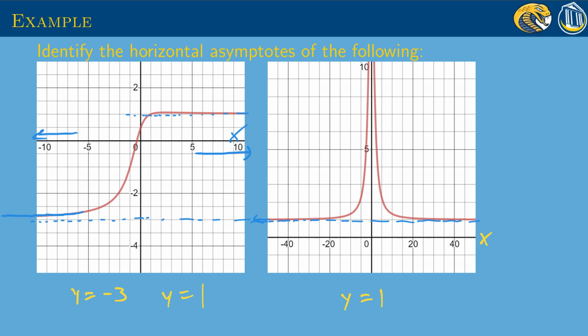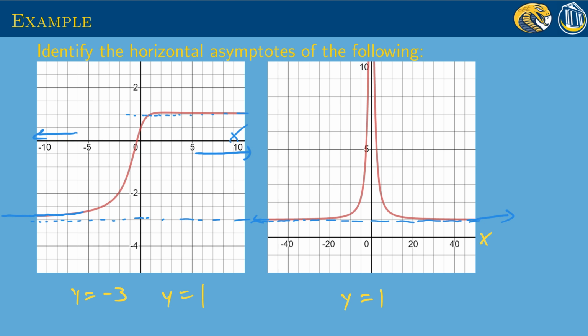And this time, as x increases without bound, it also appears to approach that same line, y equals 1. And so we could say this graph on the right only has one horizontal asymptote, and that asymptote is at y equals 1, both as x increases and decreases without bound.